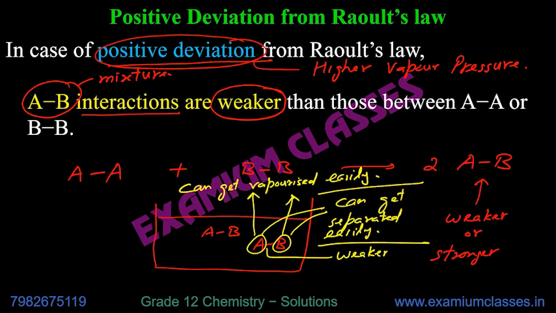It means they will result in higher vapor pressure. There will be more vapors, higher vapor pressure. That's why positive deviation.